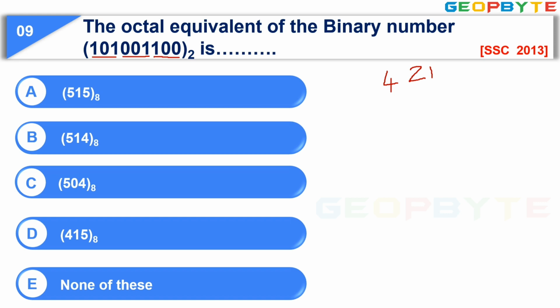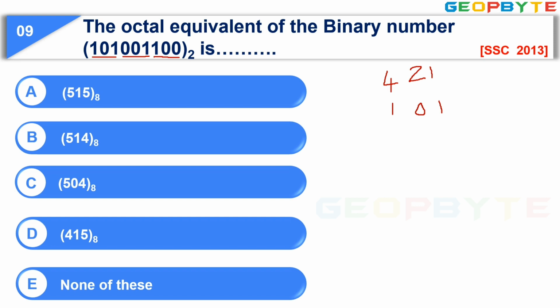Here we are having 101. 1 indicates that we select that number, and 0 means we are not selecting that particular number. Here we have 1 in place of 4 and 1, so 4 plus 1 is 5. So the first number we write is 5.